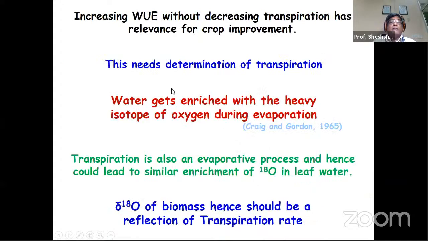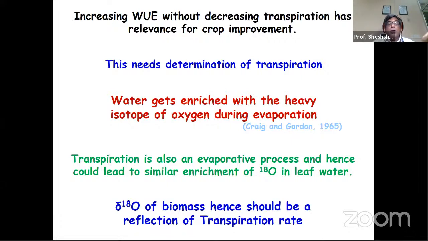So what we wanted to do was to increase the water use efficiency without decreasing the transpiration. This is exactly where the difference was in terms of understanding the whole thing. So we needed another mechanism by which we can capture the genetic variability in transpiration. We used a very similar analogy that people were using at that time in explaining how water is evaporating from the ocean.